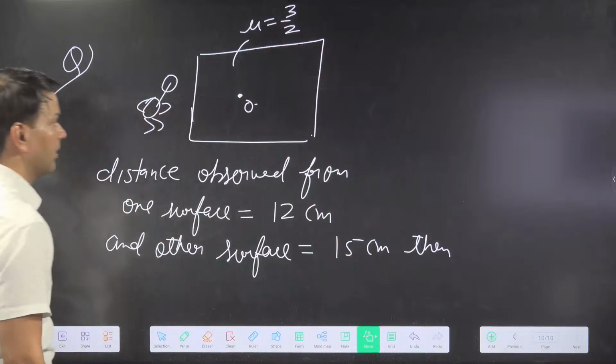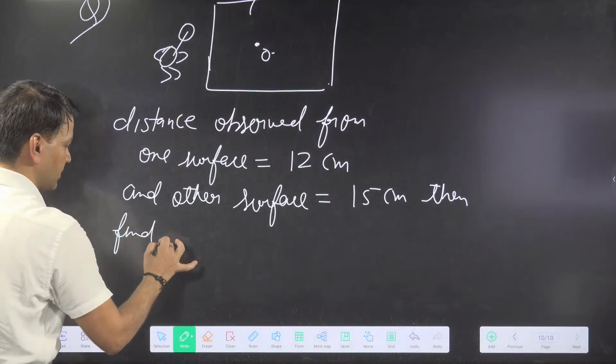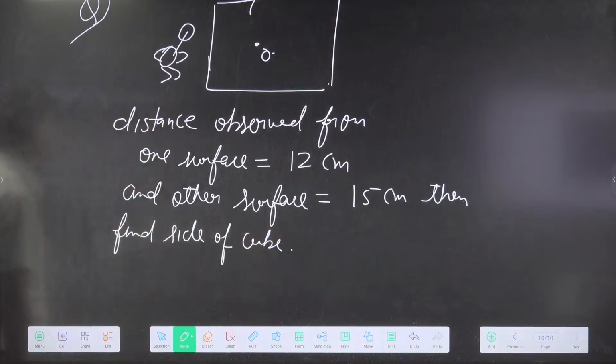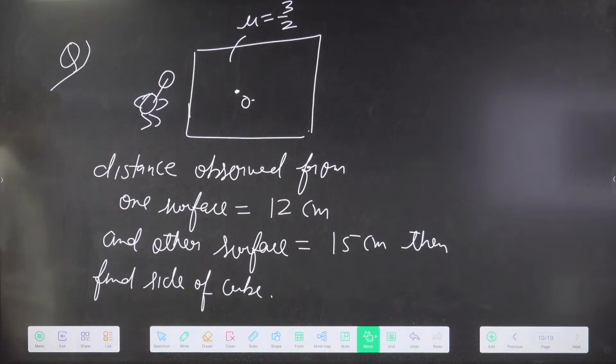Then find the side of the cube. So one side it appears at 12 centimeter, the other side at 15 centimeter.